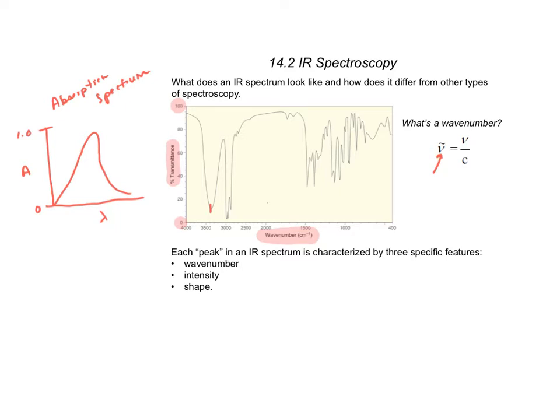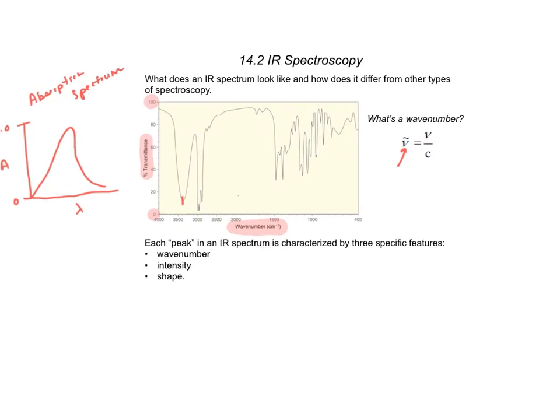So instead of wavelength, we're actually looking at frequency here. Wave number and frequency are directly proportional. So again, wave number is a measure of frequency.